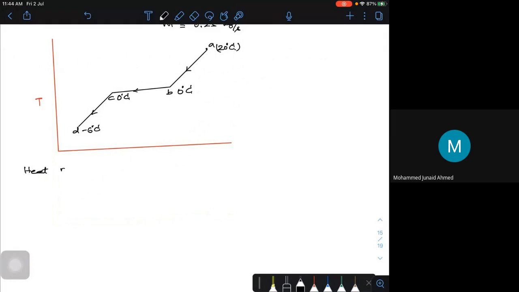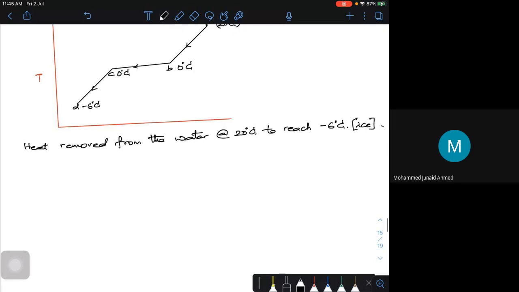Here at minus 6 degrees Celsius, I am seeing ice. Let me put it as some Q.